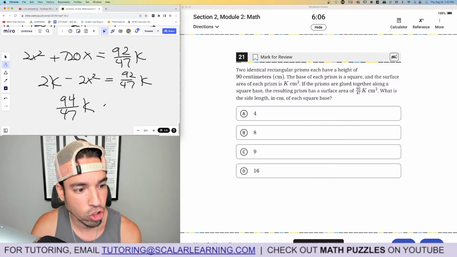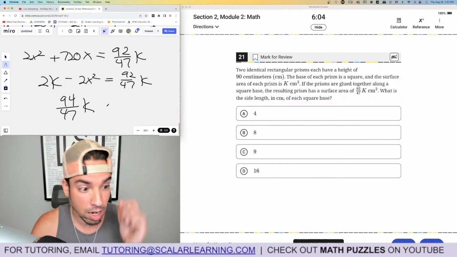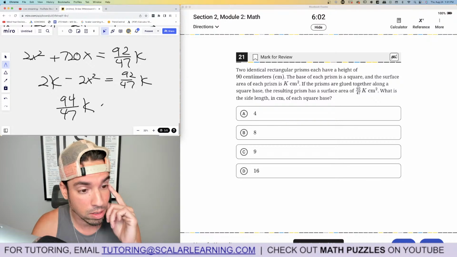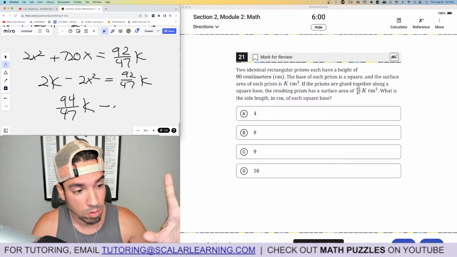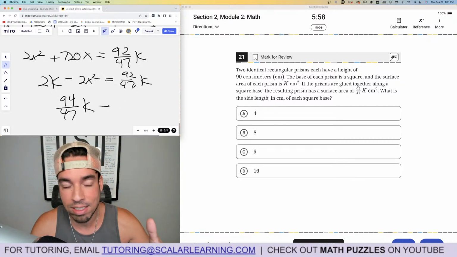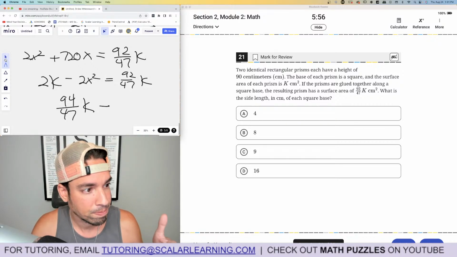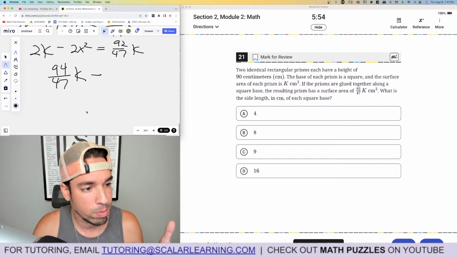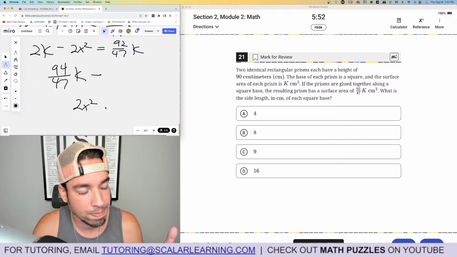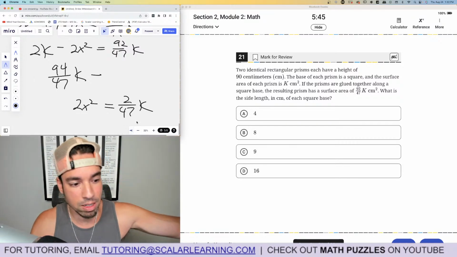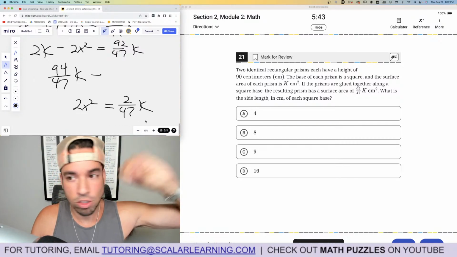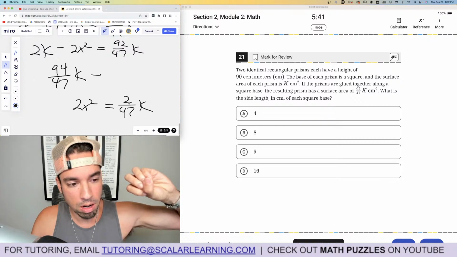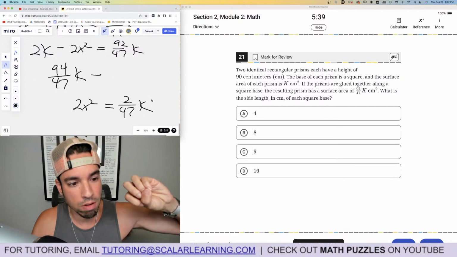This is what the area should be, but then you're minusing the area of the square bases, 2 of them, 2x squared, and you're getting this. Which means 2x squared must equal 2 over 47k, because it's 2/47 that you're shaving off.